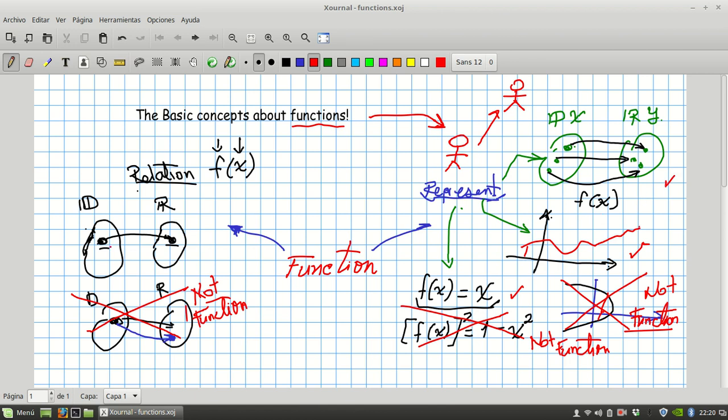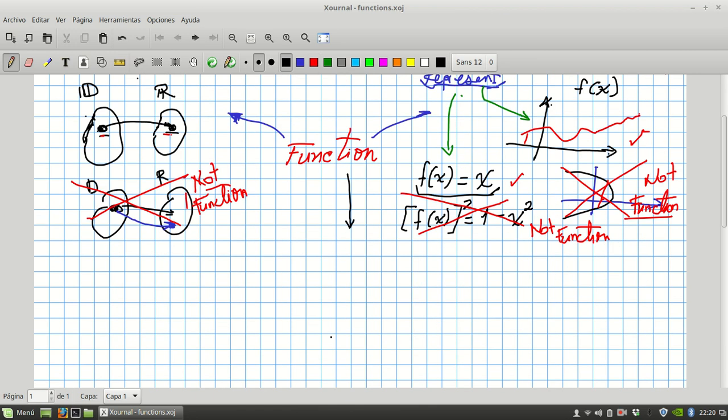And what is a function? Remember, one element of the domain goes to one element of the range. Now, there is a specific set of functions called one-to-one functions. Why do we call them one-to-one?